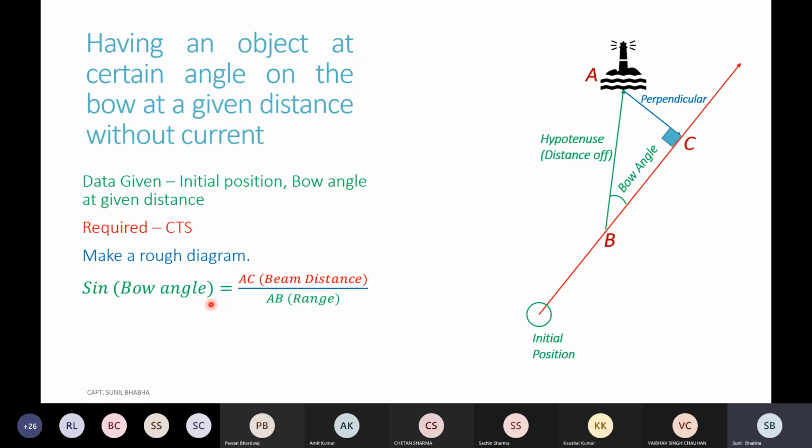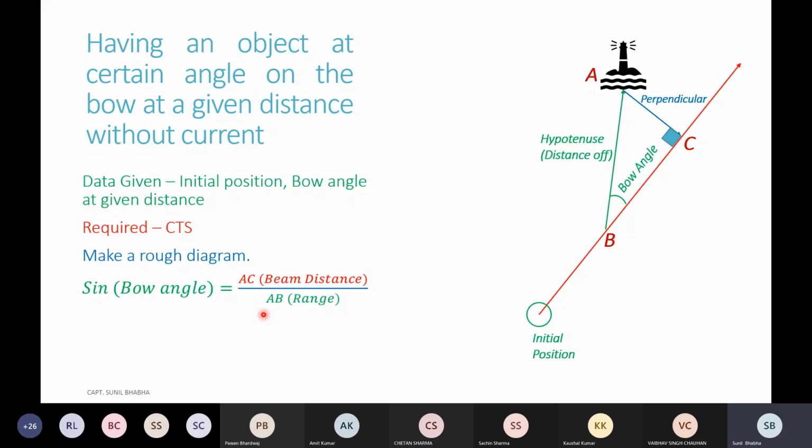Now you see in the data which is given to us, the bow angle is already known. So that's why you see the bow angle is marked in green. The range of the lighthouse, or the distance when that particular bow angle is attained, is also known to us. So AB is also marked in green.